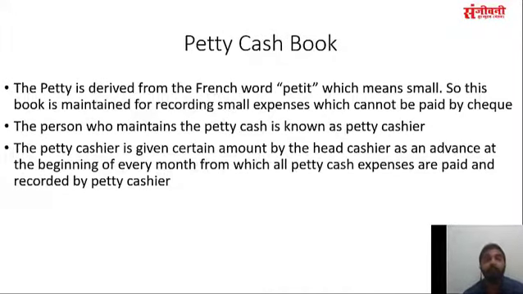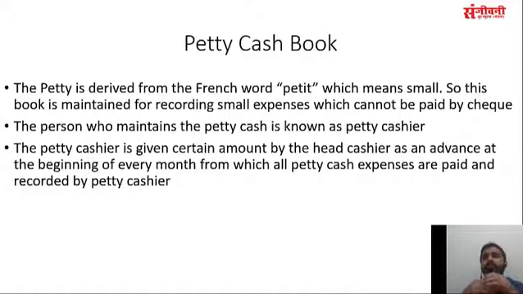Then the petty cash book. The petty cash book is basically a book of very minute expenses. For example, in a company you order food; that is also called miscellaneous expenses. You can make a separate head, or you just enter sundry expenses.